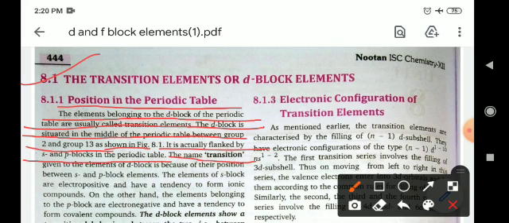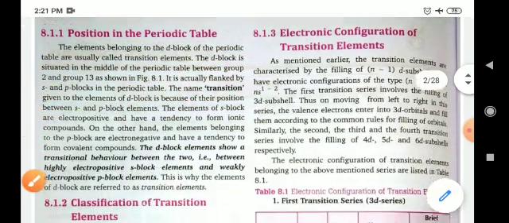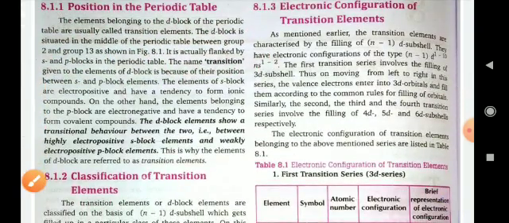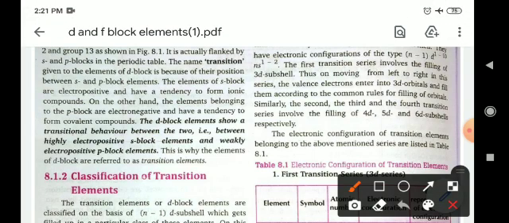That's why the name transition is given to the elements of the D block, because of their position between S and P block elements. On the other hand, the elements belonging to the P block are electronegative and have a tendency to form covalent compounds.